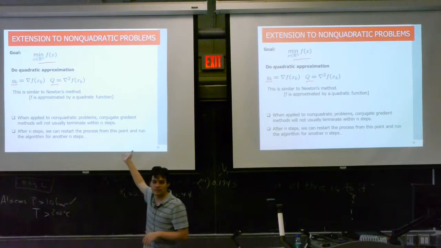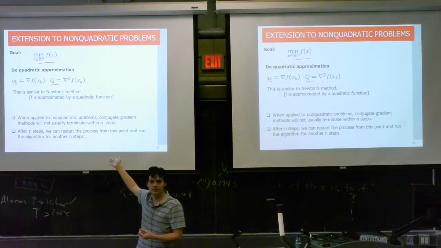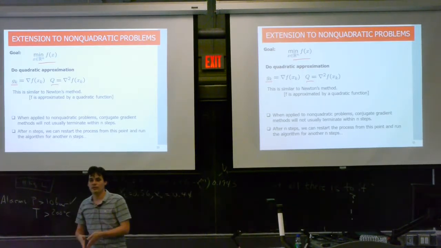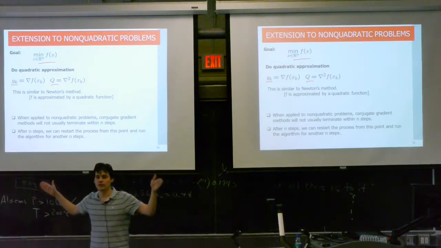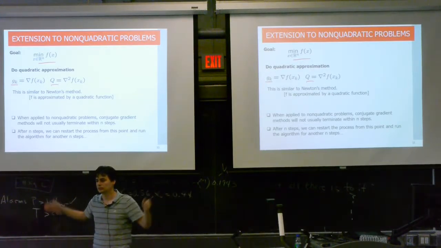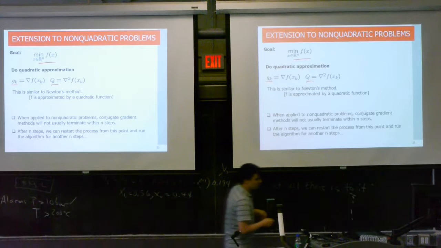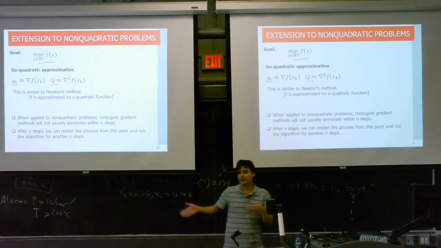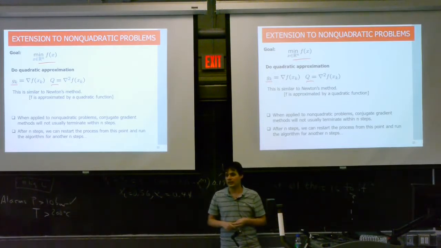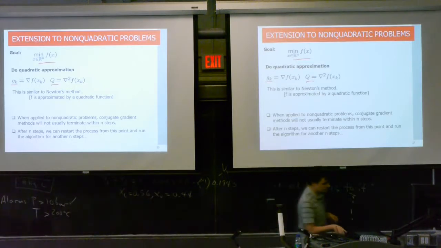Yeah, because on this quadratic problem we converged, right? We are in a new point, and in that new point we do a new quadratic approximation. And also we don't have more conjugate directions either, because there are just n in an n-dimensional space.